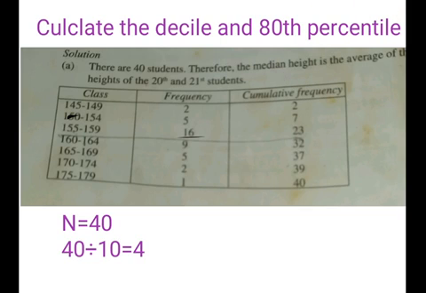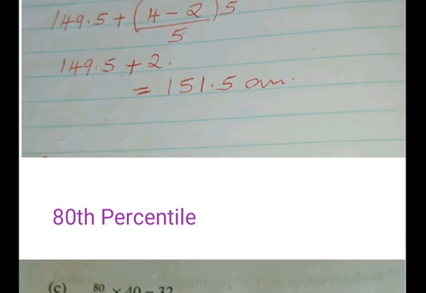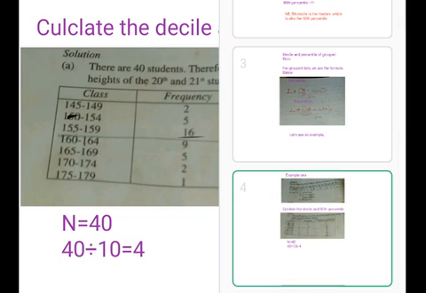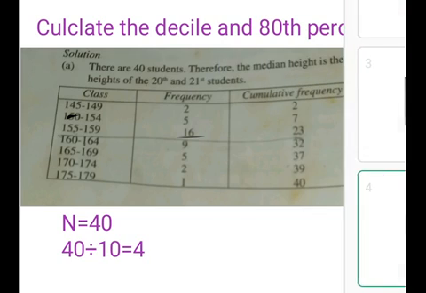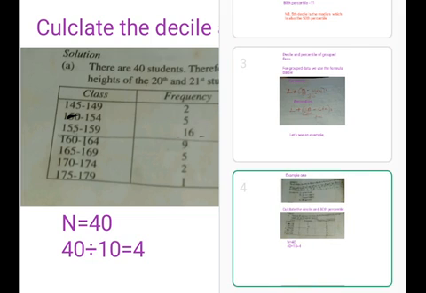These two here, the cumulative frequency above that class, over 5, the frequency within. Look at our data, this 5 here is the frequency within, then multiplied by the class interval.